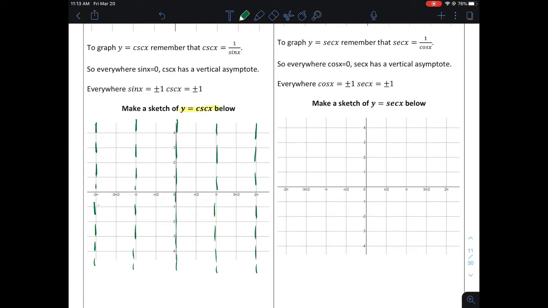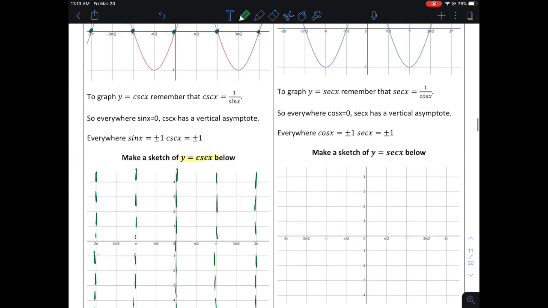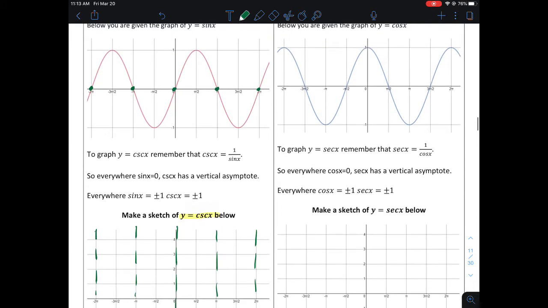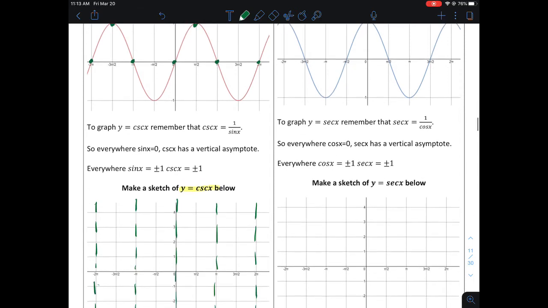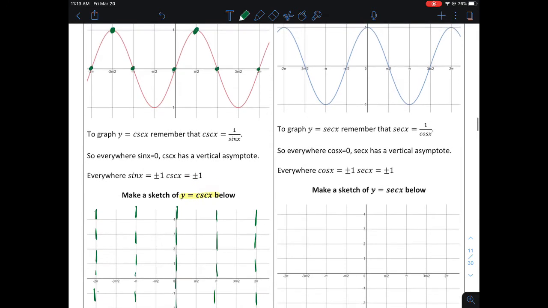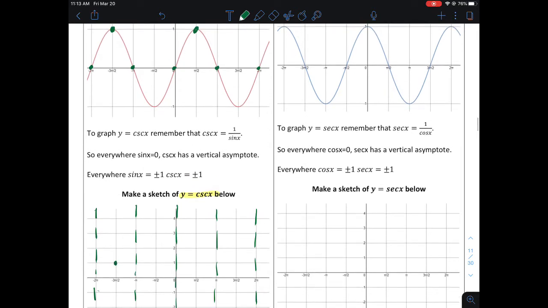Cosecant's undefined. Now, because cosecant is the reciprocal of sine, everywhere that sine equals 1, which is its maximums, cosecant's going to have the same value because the reciprocal of 1 is 1. So at negative 3 pi over 2, I'm going to put a value at 1. So cosecant has a y value of 1.